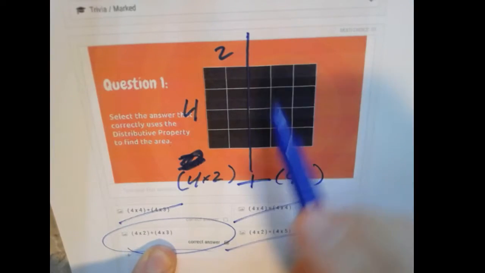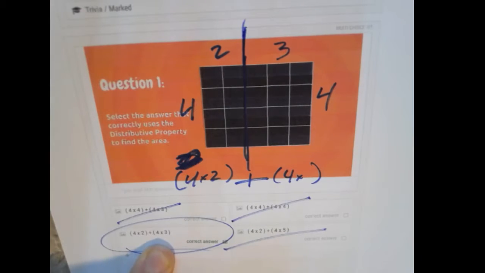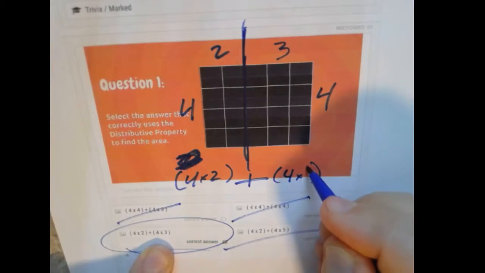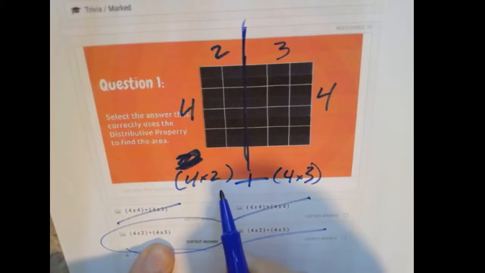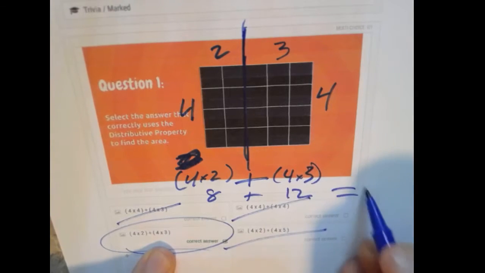The height of 4 and width of 3. And again, we're splitting this big rectangle into 2 rectangles. And does that give us the same area? Well, 4 by 2 gives us 8, and 4 times 3 gives us 12. So 8 plus 12 gives us 20.